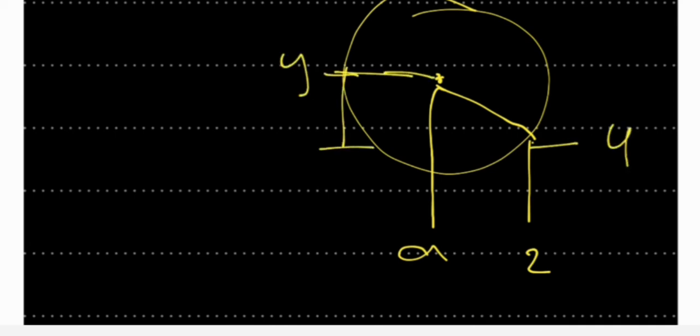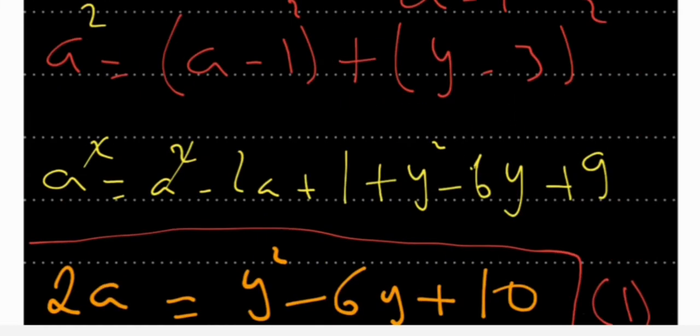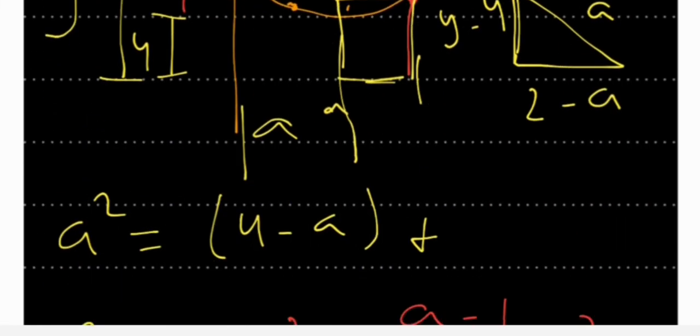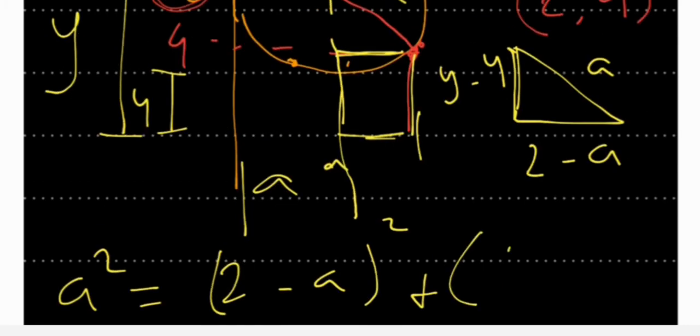So this is y minus 4, this is 2 minus a, okay? So my bad over here. So 2 minus a. So over here it is 2 minus a squared, plus y minus 4 squared, okay?